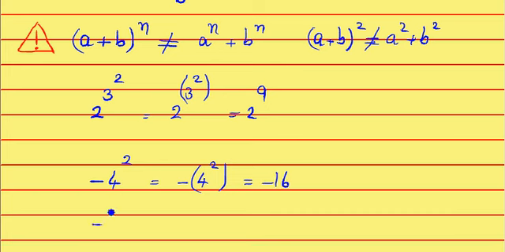As opposed to having a parenthesis, if I have -4 in the parenthesis squared, the minus 4 times another minus 4, it is 16. So exponentiation happens before multiplication by a negative sign.